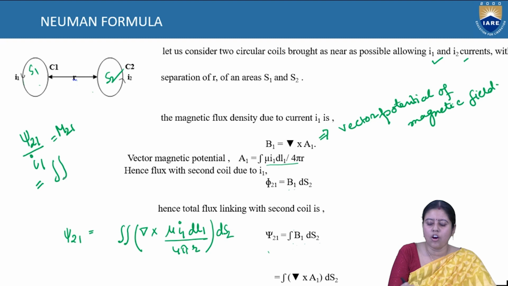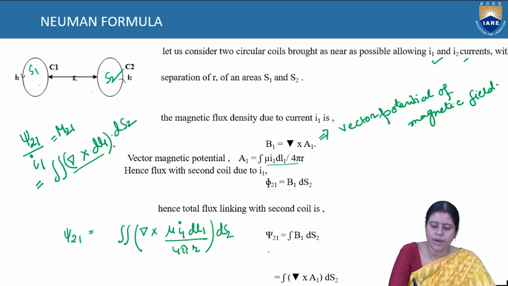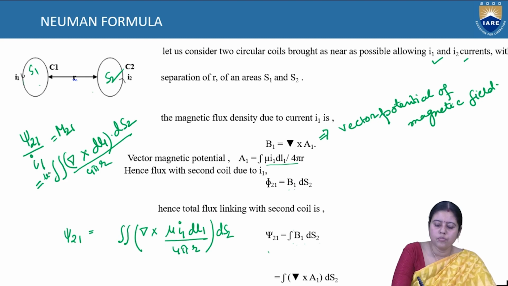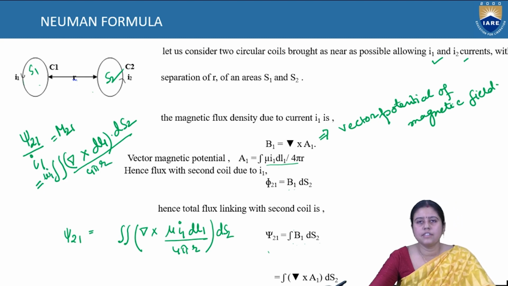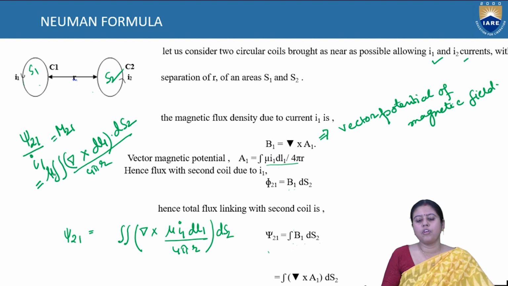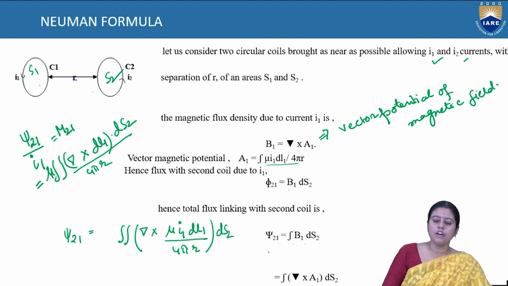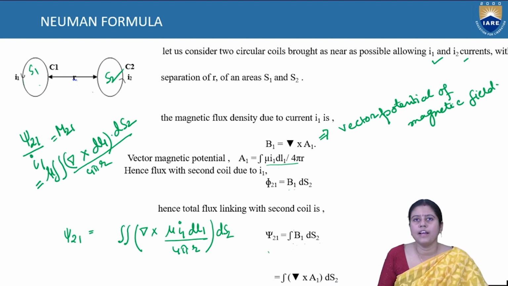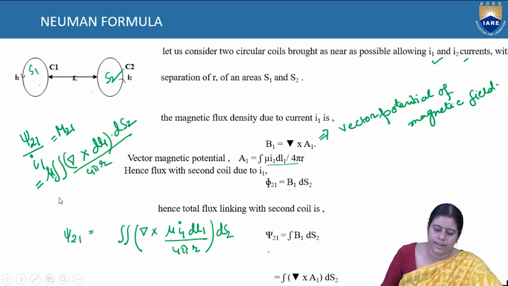Double integration of curl of dl1 into ds2 by 4 pi r, times mu. So we got the Neumann's formula from here, for the mutual inductance.